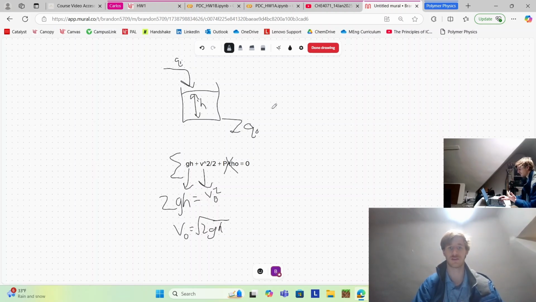And to convert that to our volumetric flow rate out of the tank, we can just multiply by the cross-sectional area. So times A out, and this becomes, instead of velocity, volumetric flow rate.